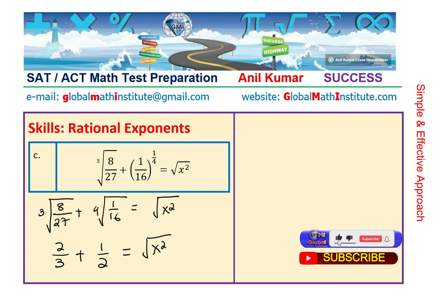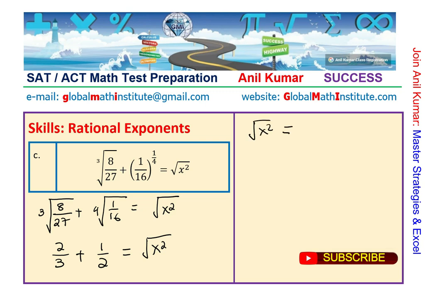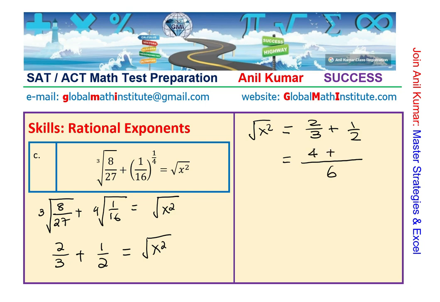Okay, so let's take it to the right hand side. So we have to add 2 by 3 and half. So let's rewrite this: square root of x square equals 2 by 3 plus half. Clearly, 6 is the common denominator. So we get 4 plus 3, which is 7 by 6. So square root of x square is 7 by 6.